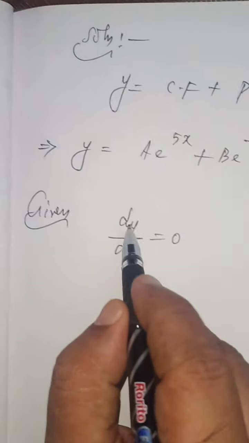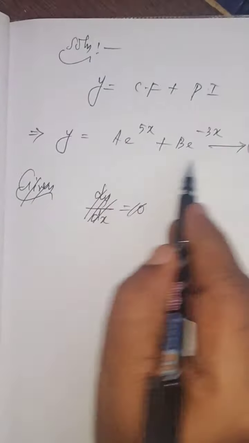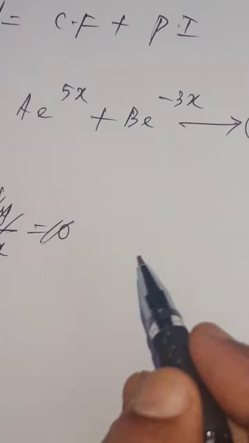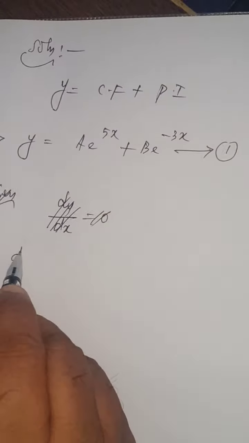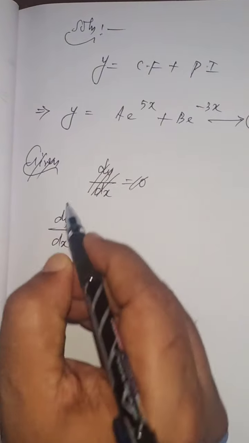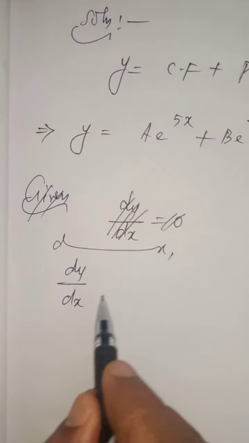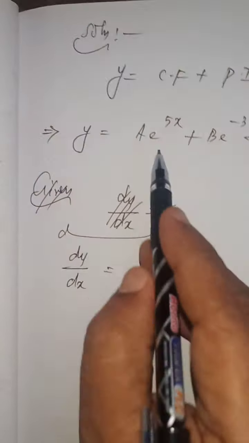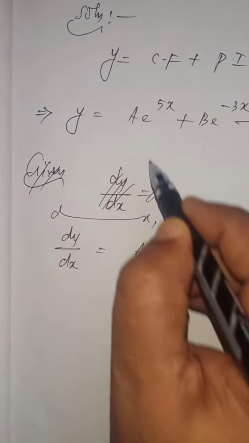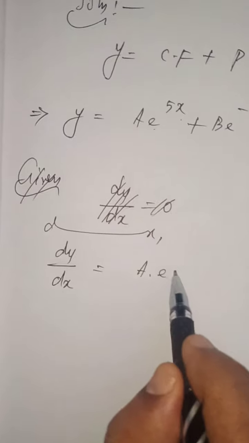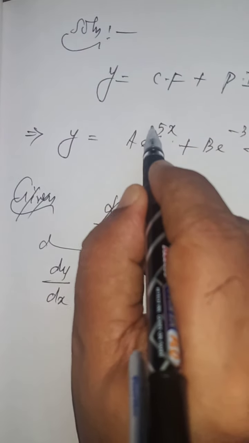Before writing this, you have to differentiate. Then only can you get dy by dx, isn't it? So differentiate y with respect to x, which is dy by dx. Here a is the constant, write the constant as it is. e power 5x differentiation is e power 5x, then multiply by the coefficient of x, 5.